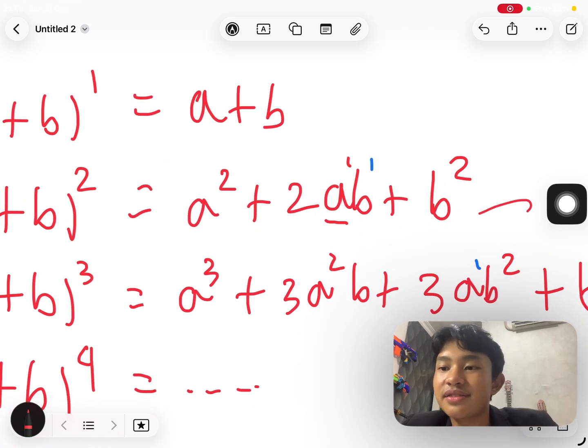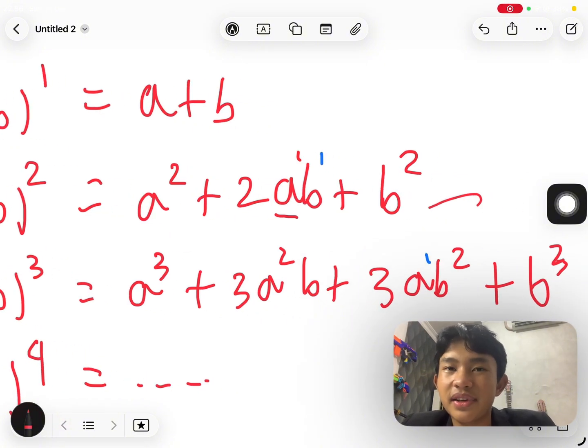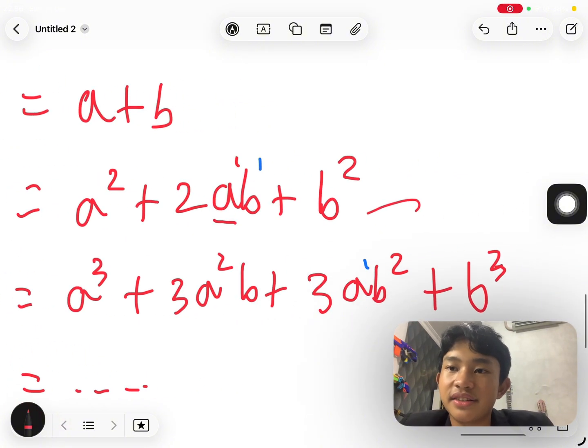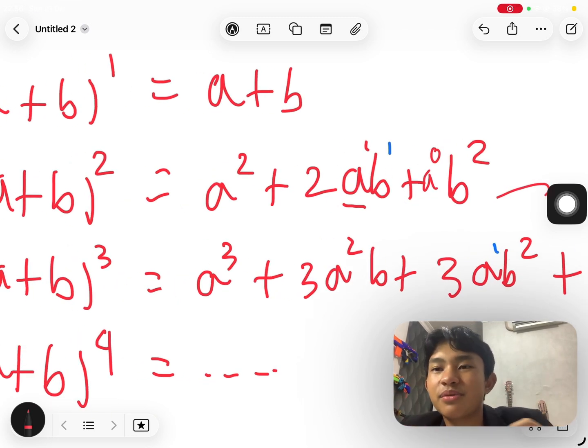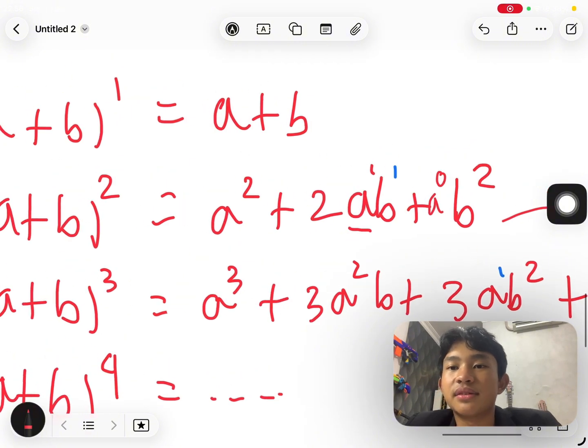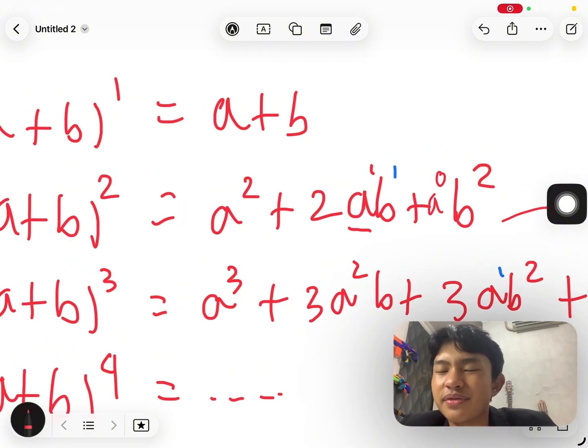Now on the second term, the exponent of a decreases by 1, and for the third term, the exponent of a is 0. So the exponent of a is decreasing 1 by 1 until it reaches 0: from a squared to a to the power of 1 and then a to the power of 0. And we see the same thing in b.